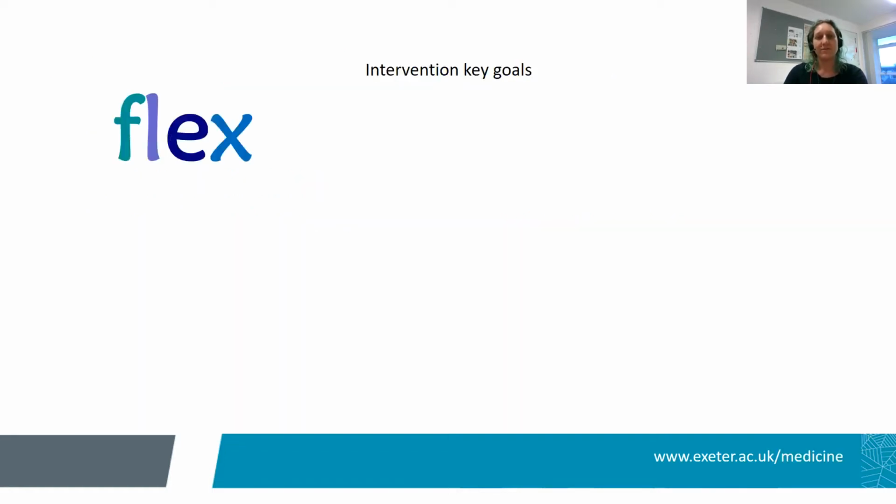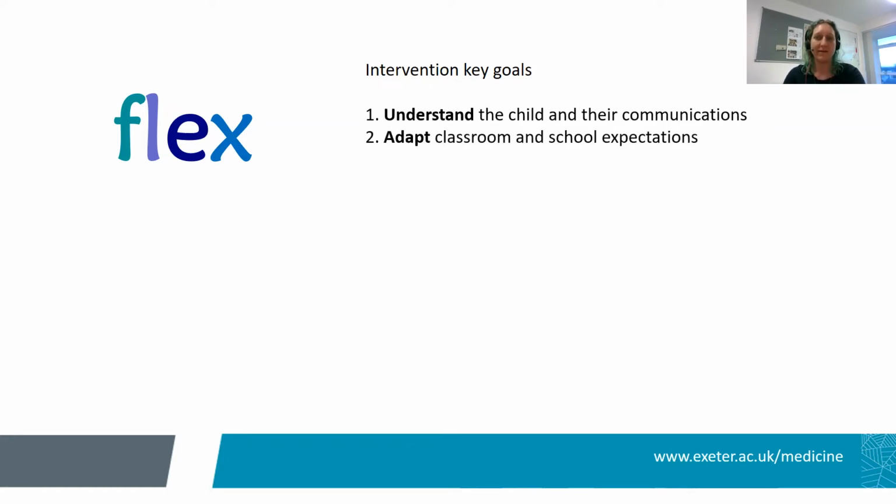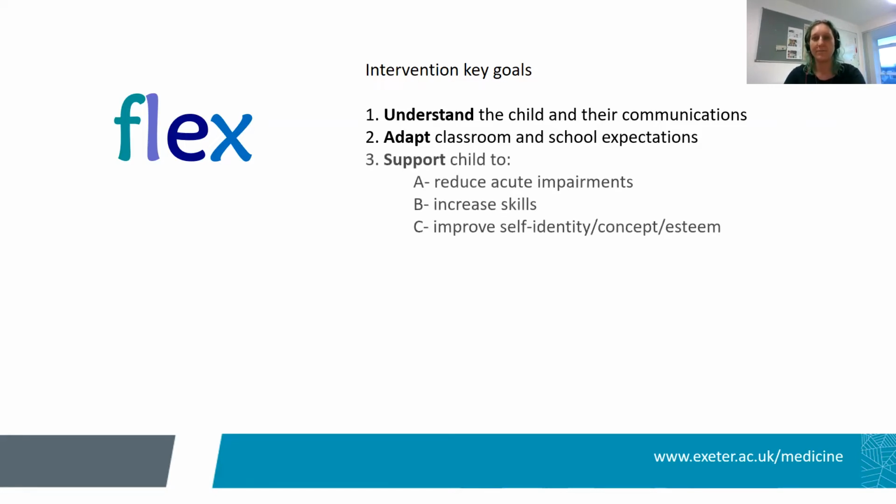And then we developed a logic model. So what do we think it is that the intervention needs to target? And we've called it Flex because it's all about adapting around the child rather than trying to change the child themselves. So what we want to do is understand the child and what their communications mean, then adapt the classroom and the expectations of the school, support the child to reduce acute or short-term impairments, to increase their skills and hopefully improve their self-esteem.